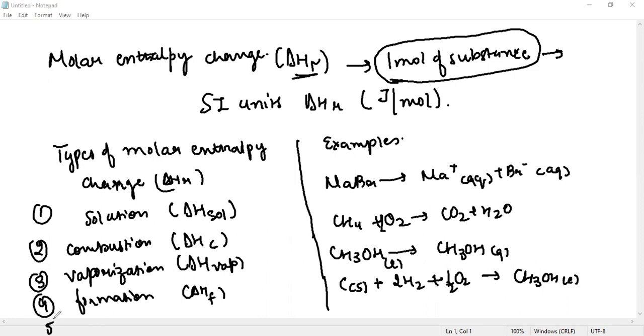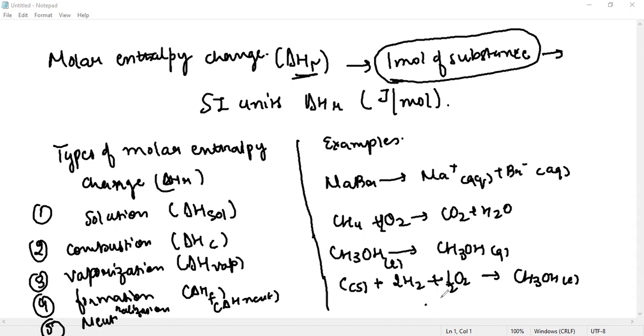And then this one is a neutralization reaction. I'm unable to write here, so I will write it here: delta H neutralization, NEUT. I'll give you an example.